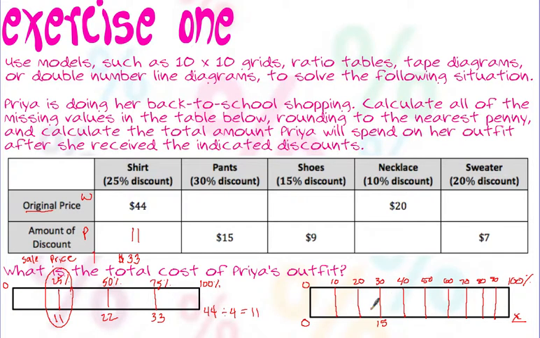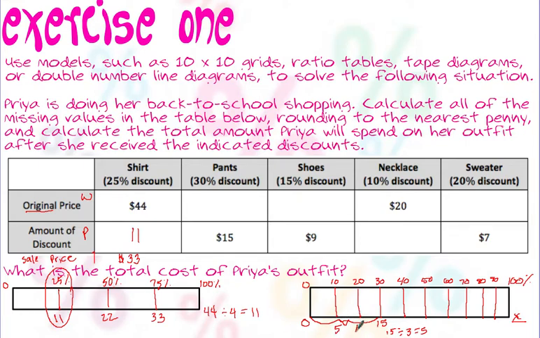So what I can look at is I have 1, 2, 3 boxes right here that when I add them all together, it gets me to 15. Well, I know that 15 divided by those 3 boxes is equal to 5. So I took the 15 and I divided it by the 3 boxes and I got 5. So I know each box is worth 5.